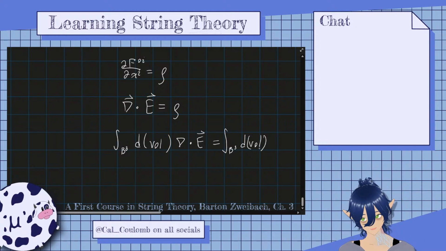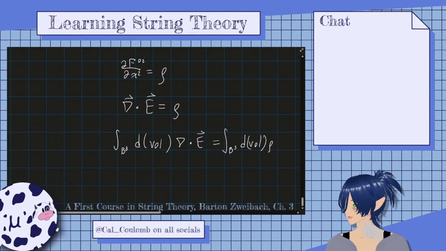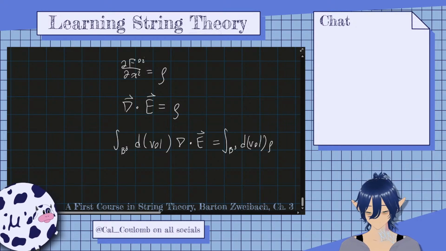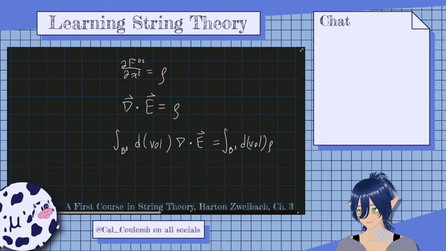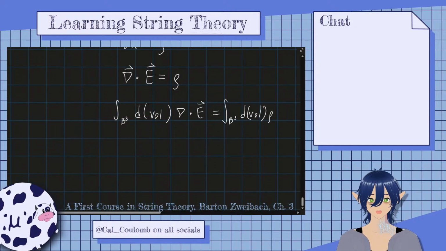Usually you'll see this just written as capital dV, but this is what the textbook's designed to use, so I'll keep using that too. We use the divergence theorem on the left-hand side and note that the volume integral on the right-hand side gives the total charge.